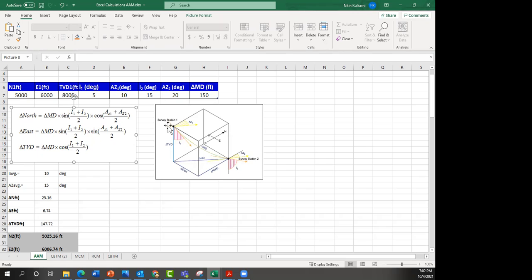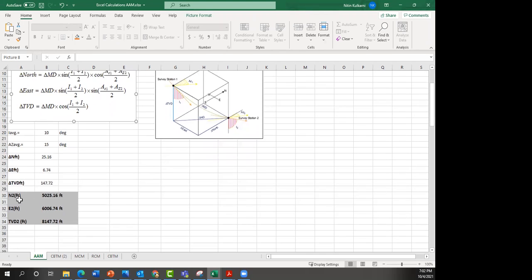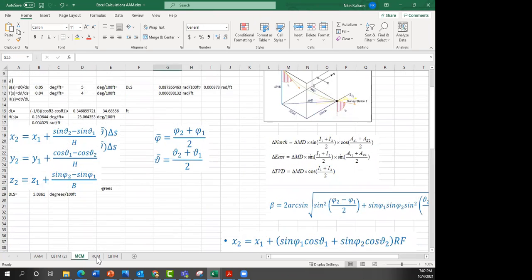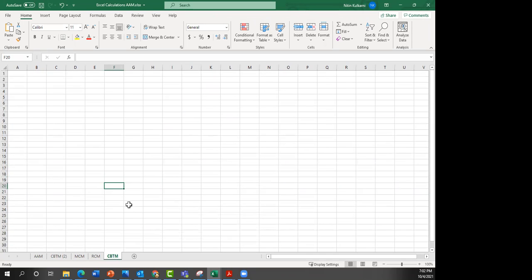That is the difference between measured depth at the first station and measured depth at the second station. So you deploy all these values here, and you would get your north, east, and new TVD at your second service station. So this is how you typically proceed, and then you have the other methods as well, which we will discuss in our course one by one.